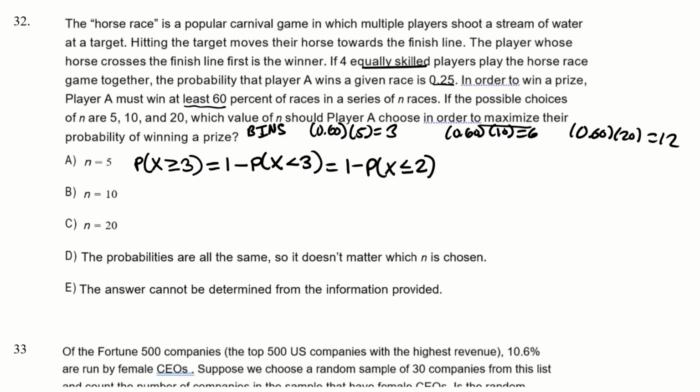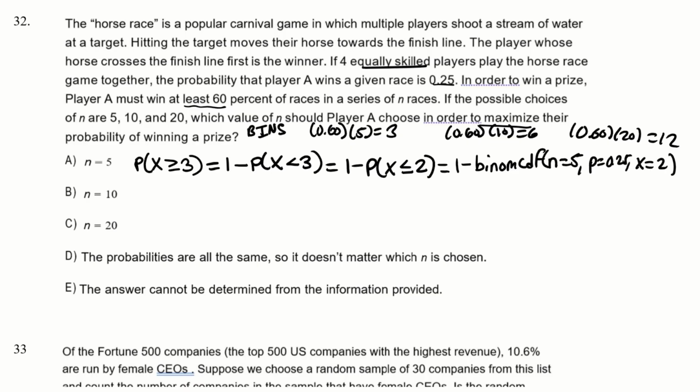If it's less than 3, that means it's less than or equal to 2. And then we can use the binomial CDF function. So 1 minus binomial CDF, n is equal to 5, the number of trials, p is equal to 0.25, the probability of success, and the x value is 2 here.